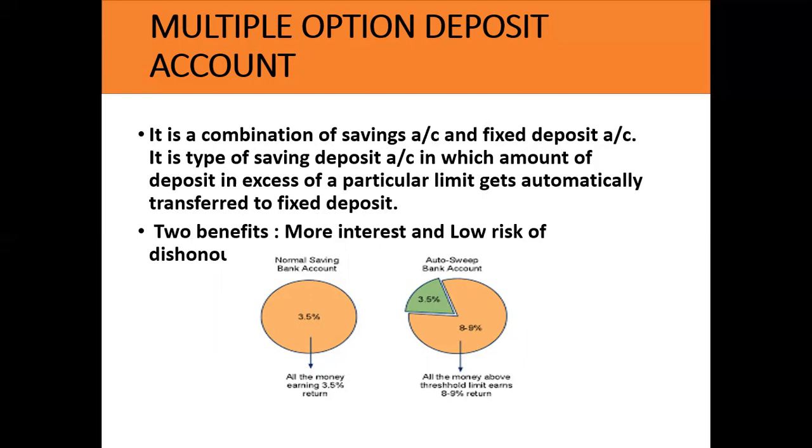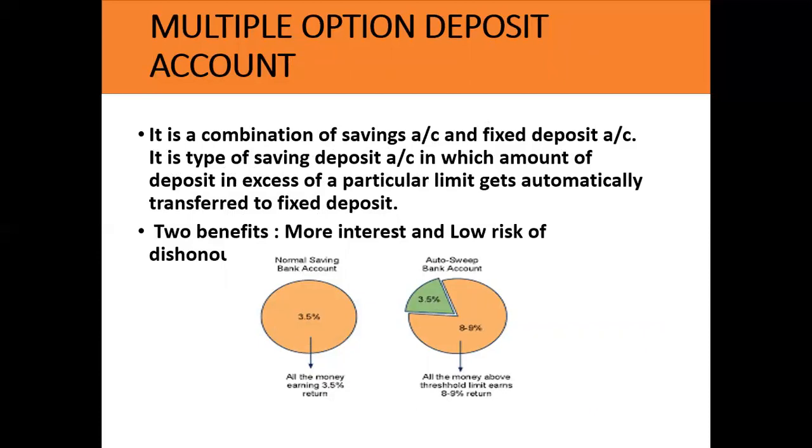Suppose you have some deposit of 10,000 in your saving account, and you deposit more, you're keeping 50,000. Now for that 50,000, you are earning maybe 4%, which is the interest rate of a saving account. So you are earning 4% interest per annum.